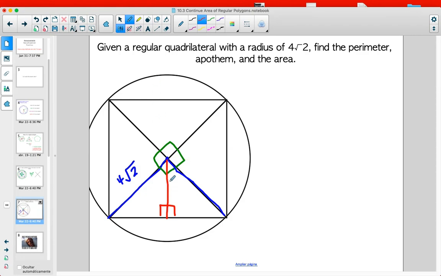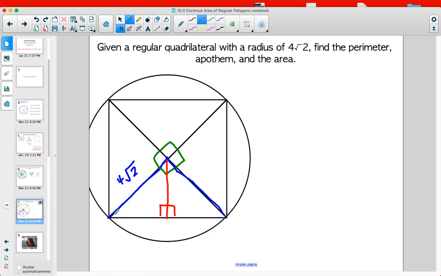Okay. And specifically because of this triangle right here, the two radii and the side, think about what we know about this triangle here. A triangle that has two congruent sides, and we know that this triangle has two congruent sides because the sides in blue are the radii.